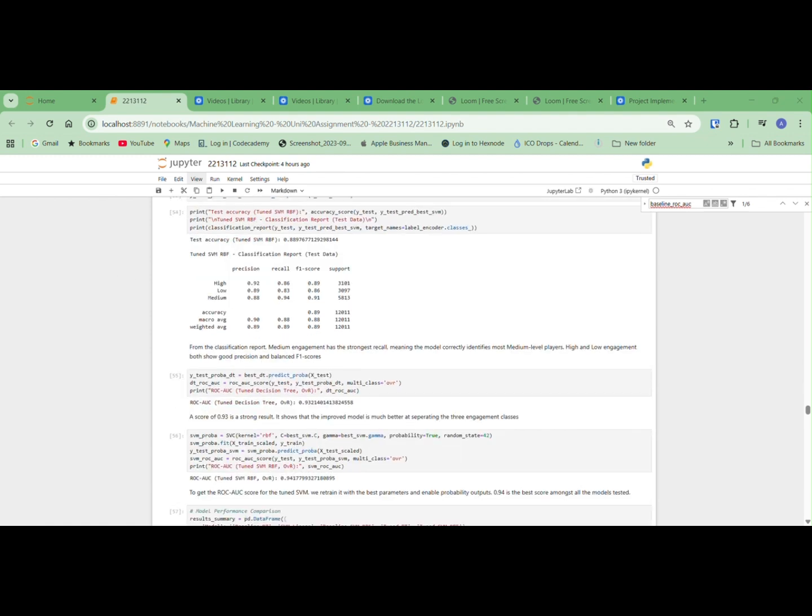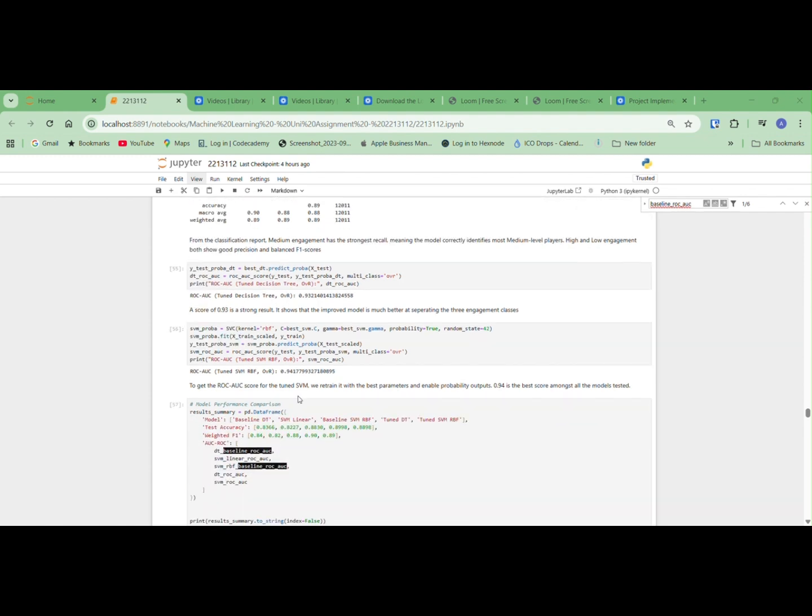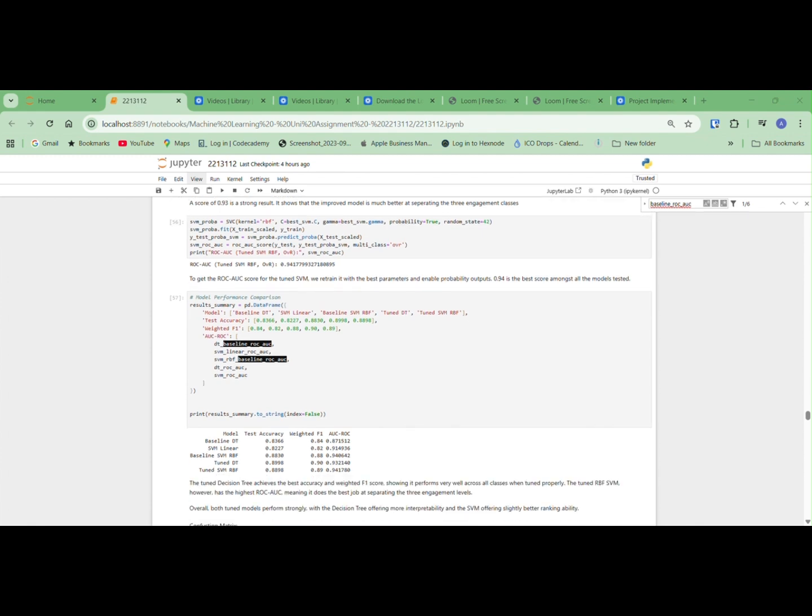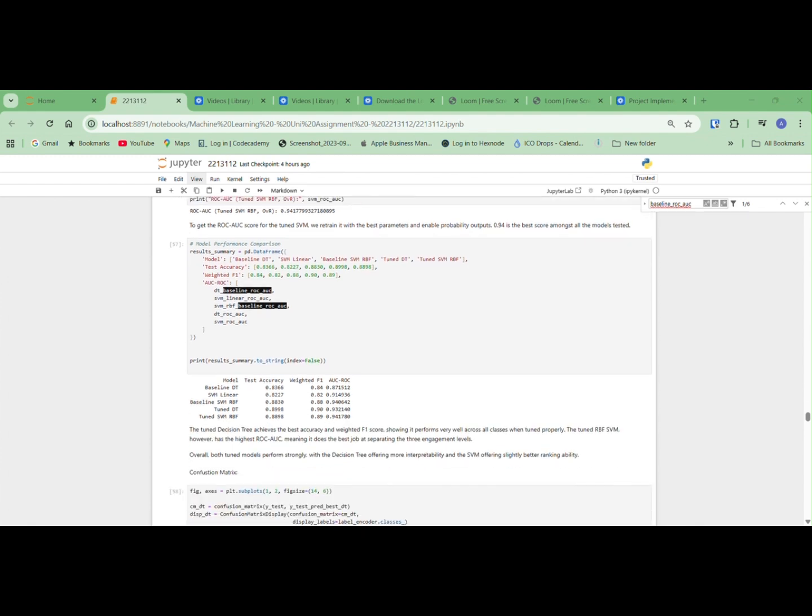The ROC and AUC scores are then calculated for both the decision tree and SVM. SVM is marginally better than the decision tree. After this, I built a very basic table just to give us a summary of the scores of each model.